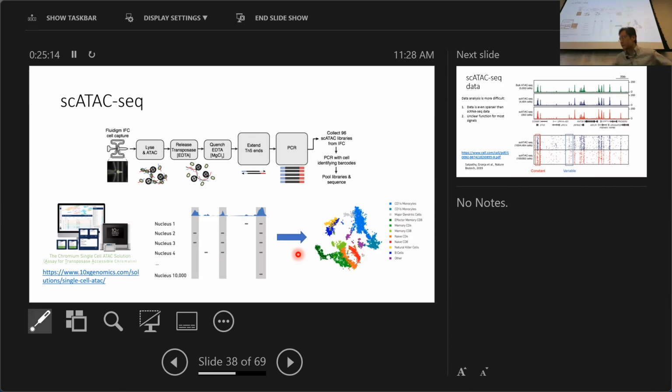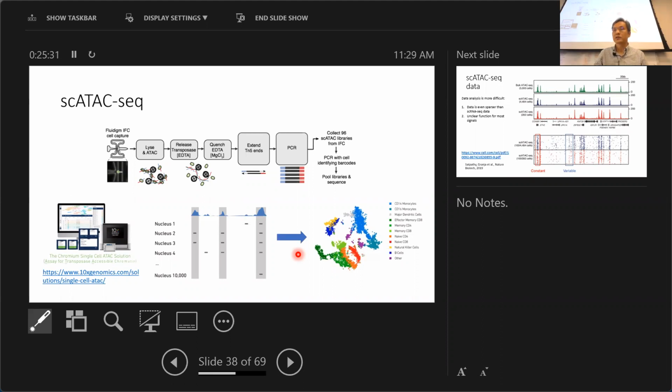So if you have single cell data and also single cell ATAC-seq data, collected from the same population of cells, that satisfies a condition under which we can apply manifold alignment.